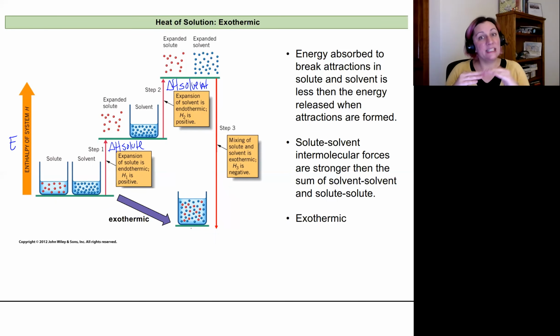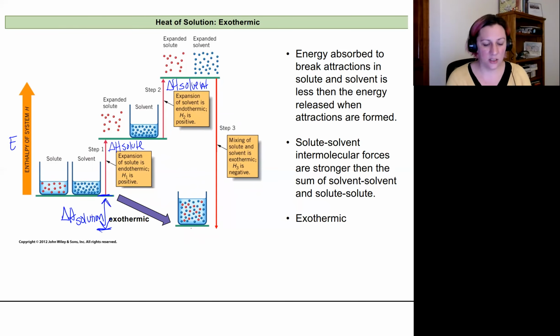And if it releases more energy than it was required to be used to break those intermolecular forces, then we'll have a net overall release of energy in our system that really is just this part right here. This difference will be our enthalpy of solution. That little difference right there between our beginning and our end.